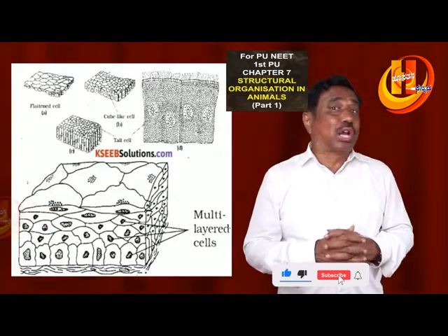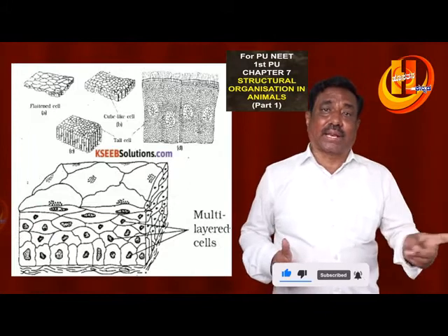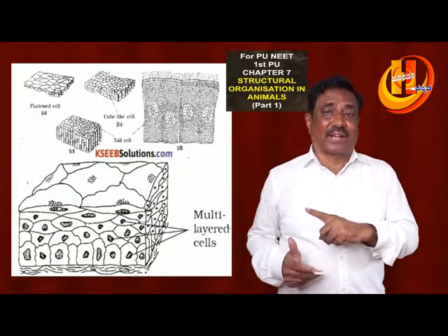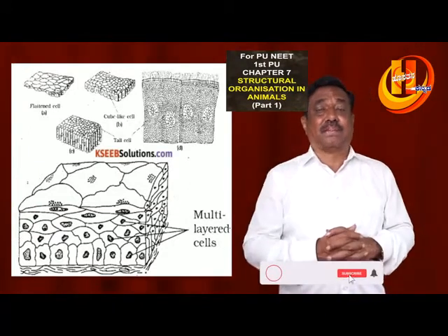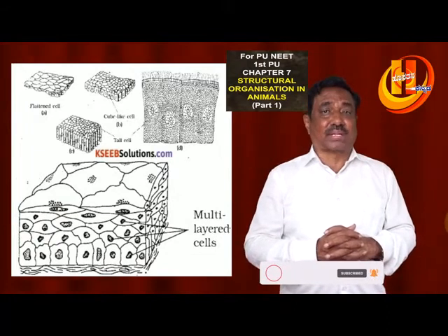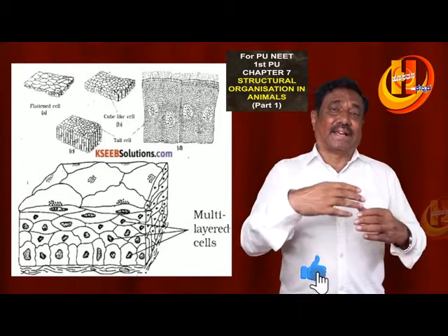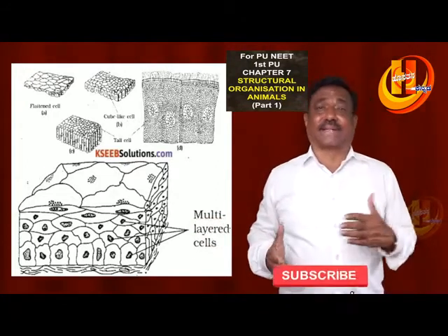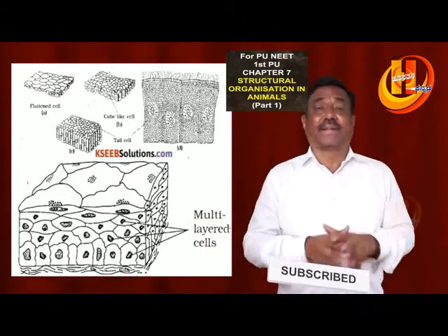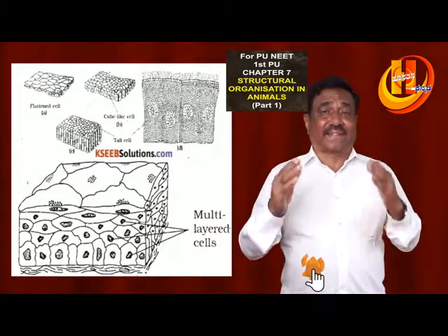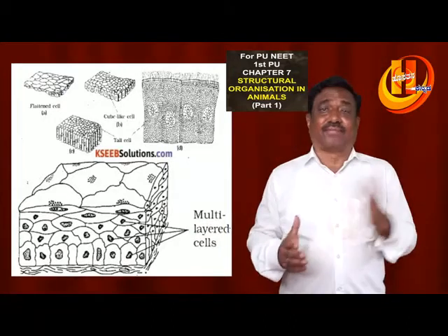Next to this, glandular epithelium. There are unicellular glandular epithelium and multicellular glandular epithelium. Secretion forms an important function. The nucleus is present at the center, closely packed, and they are present along different parts and secrete. There are two types of glands, as we know.